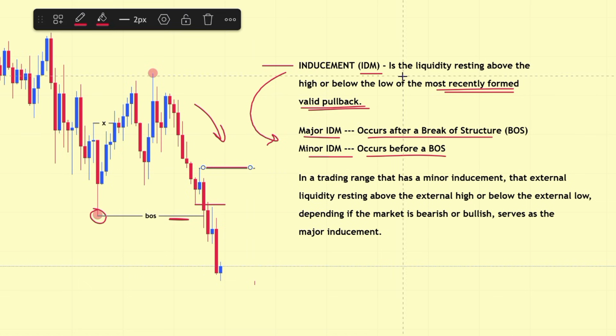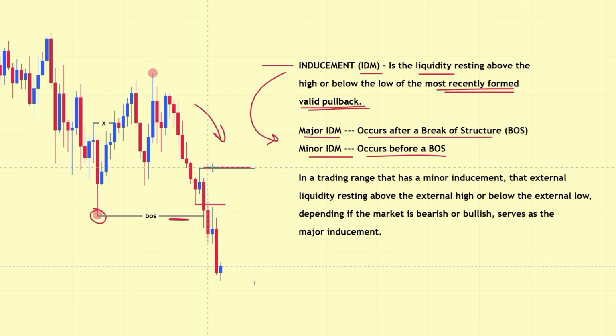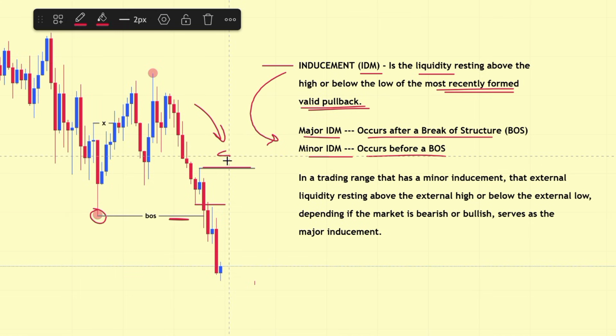And we know that the inducement is the liquidity resting above the high. So exactly right here, the high of the most recently formed valid pullback. And this one here is our most recently formed valid pullback, and this here is the high. So the liquidity resting above this high is what we call the inducement liquidity, or in short form, IDM.